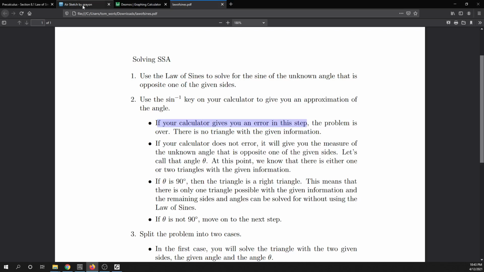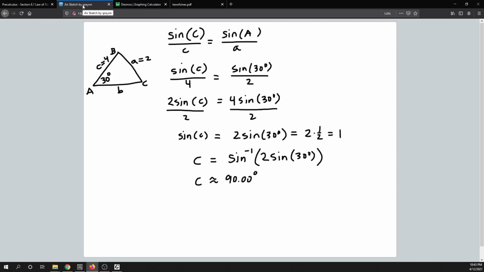In fact, it's not really approximately 90. If we look at it exactly, it's exactly 90 degrees. So we know we get one triangle out of this, and it's a right triangle. Now we don't even need to use the law of sines for the rest of it.